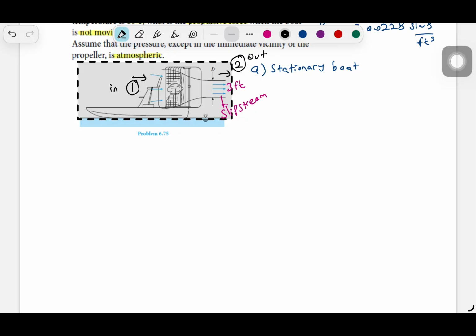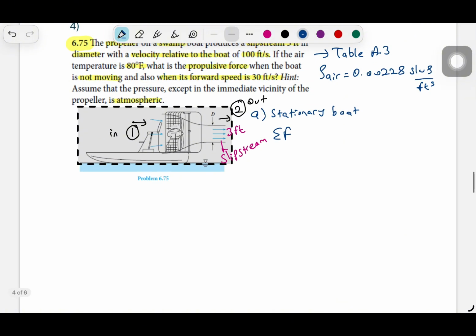So when we have a stationary boat, we need to find the force. So we need a momentum equation, and in the x direction, Fx will be equal to m dot v2 minus m dot v1.